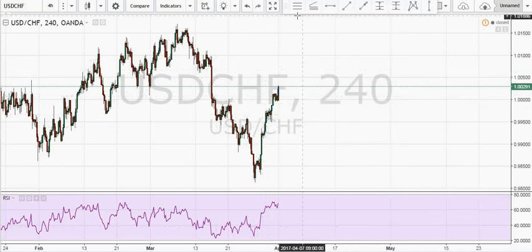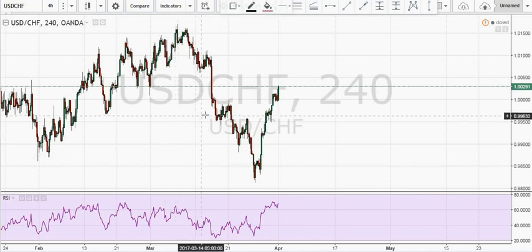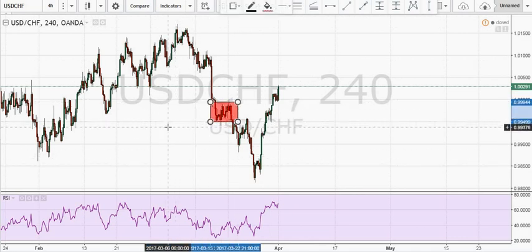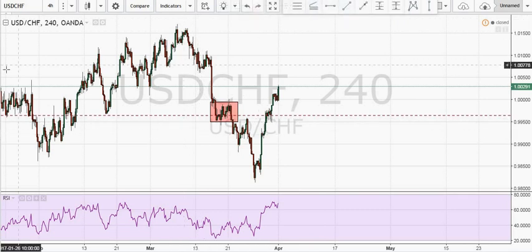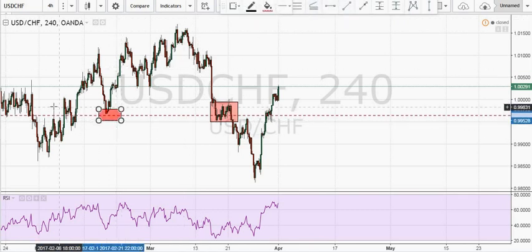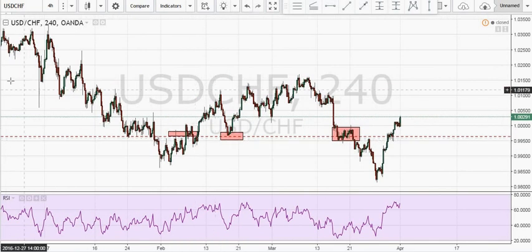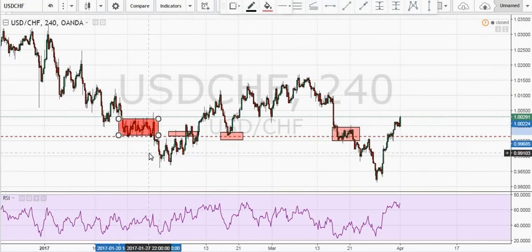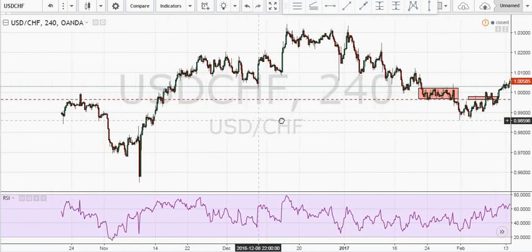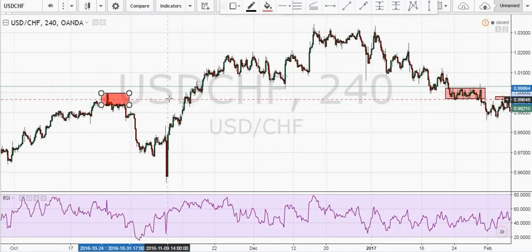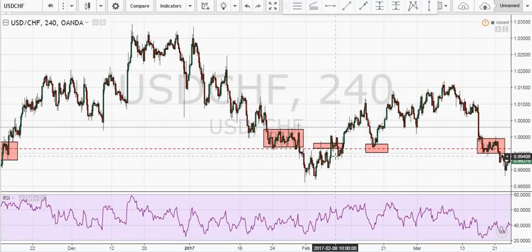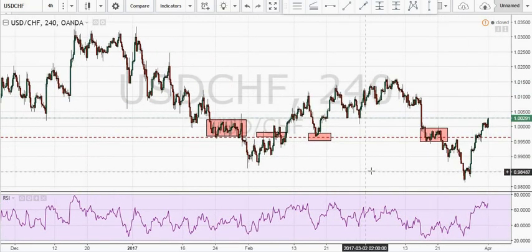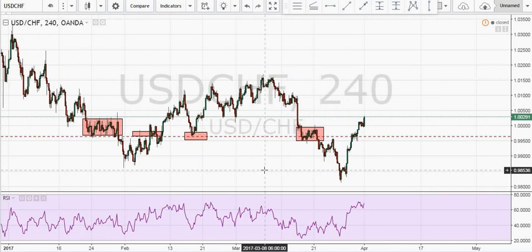If I were to look at our nearest points of structure, we can see that there's some consolidation over here. If I were to draw a line at that zone, we can see that price has rejected a lot of consolidation here, price rejection here. So you can see that this is a valid structure area. Price has rejected and respected this area many times.